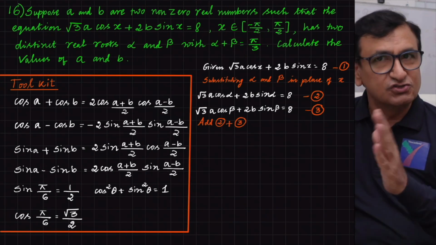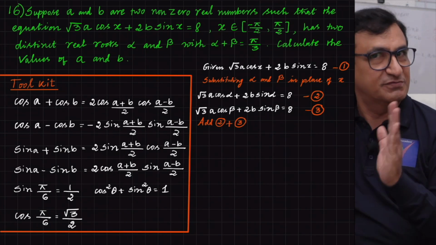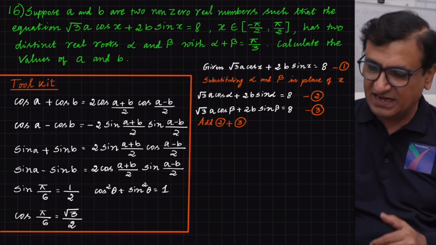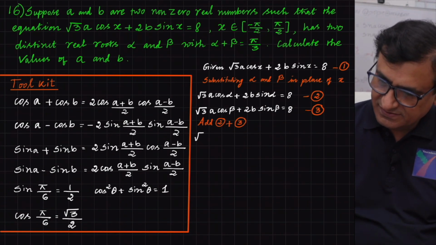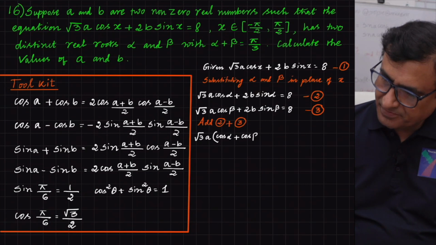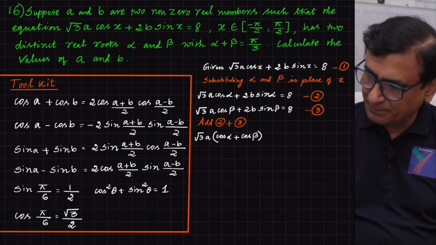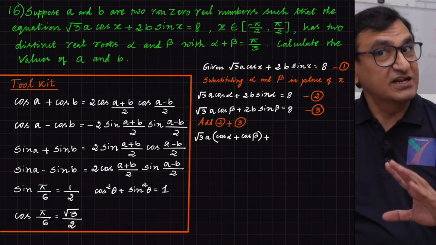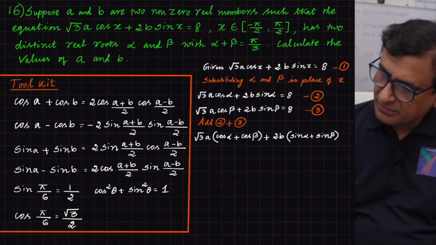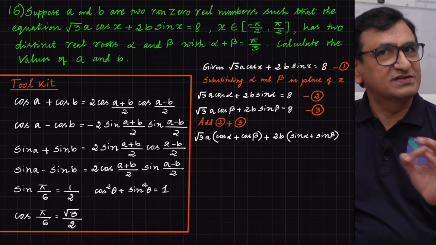So I can factor them out and write the equation as square root of 3 a, open a bracket, cos alpha plus cos beta, plus 2b times sin alpha plus sin beta, and on the RHS we have 8 plus 8 equals 16.